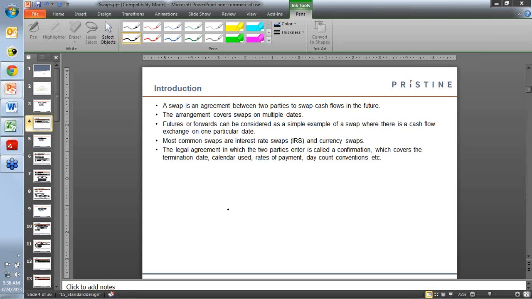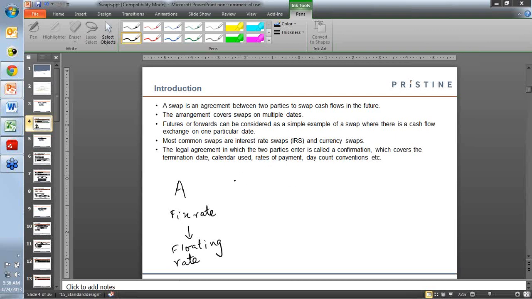So that is one party, say A. It has a fixed rate and what it wants to do is go to a floating rate. A fixed rate means that it will always pay out the same amount regardless of the prevailing market rates. The floating rate will change according to the market rates.